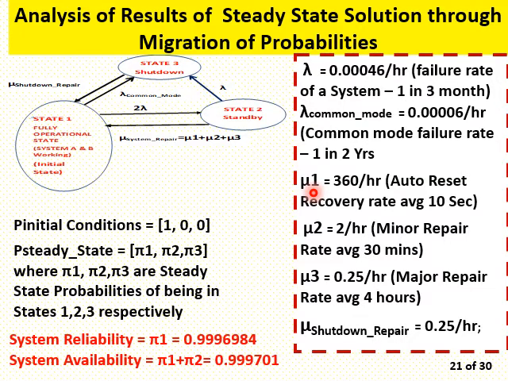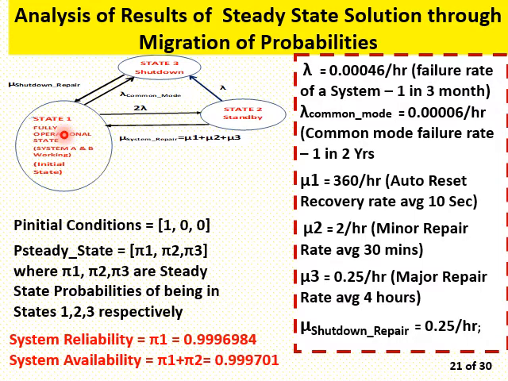The probability of migrating to states on the left will be more than the probability of moving to the states on the right. For example, from the fully operational state, if there is a failure, it goes to state 2. But because of the very fast recovery rates, it quickly comes back to state 1.